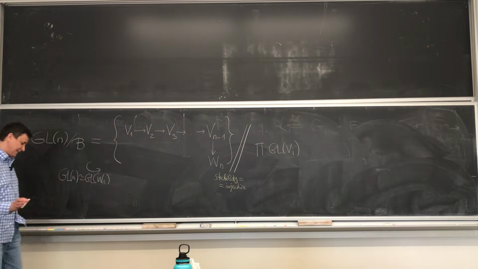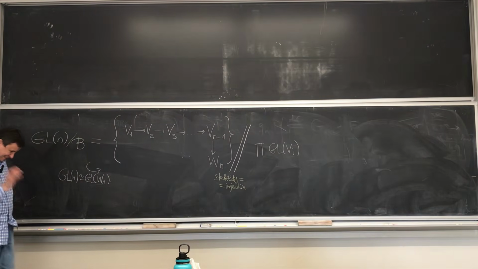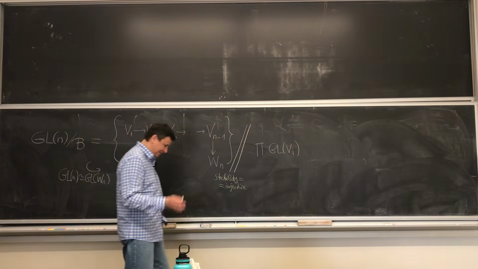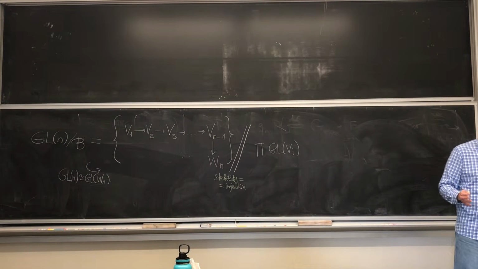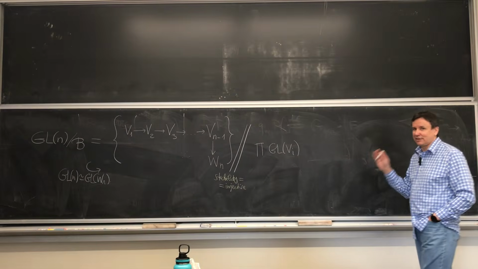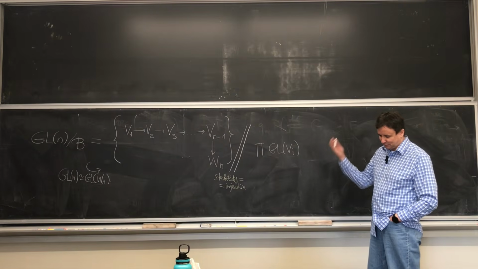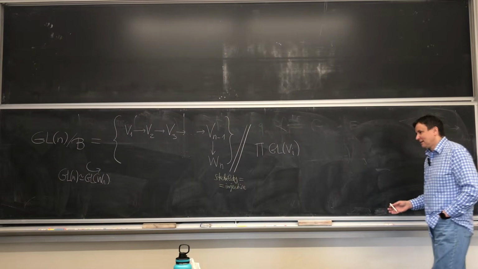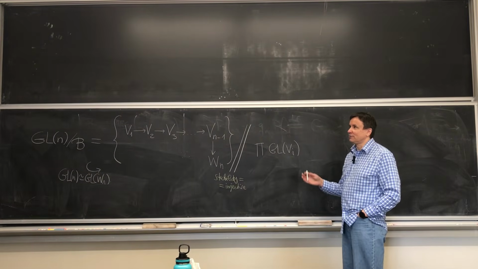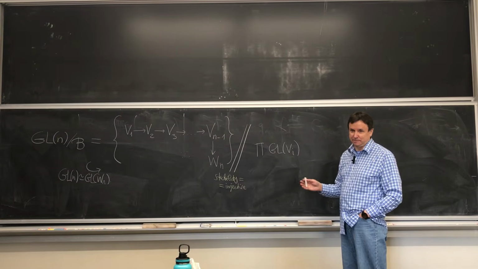So what's my thing, which I very, very often repeat, and we'll repeat it again, is that flag varieties exist for any reductive group, but what is special for GL_n is that this is a GIT quotient of an affine variety by a reductive group.